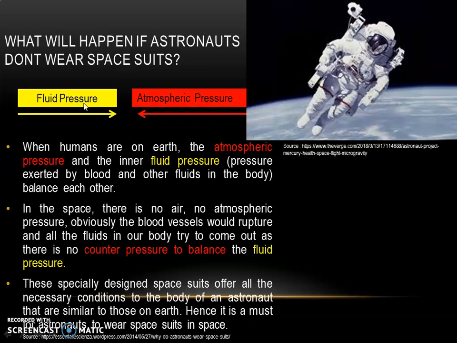Hence, the blood vessels would rupture and all the fluids in our body would try to come out, as there is no counter pressure to balance the fluid pressure. So, specially designed spacesuits offer all the necessary conditions to the body of an astronaut that are similar to those on the Earth. Hence, it's a must for astronauts to wear spacesuits in space.